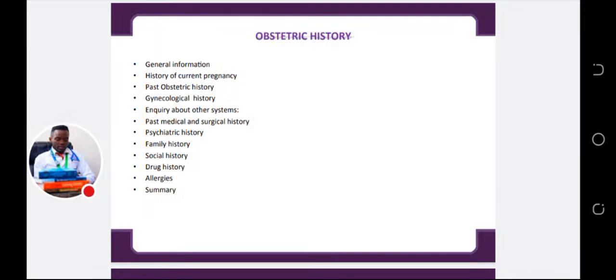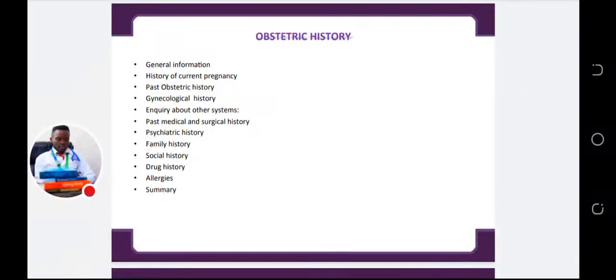Then history of current pregnancy, you need to look at the history of the current pregnancy, and past obstetric history, the past pregnancies that your client has had before. Then gynecological history, you also need to check. How many pregnancies has the client that you're dealing with had?